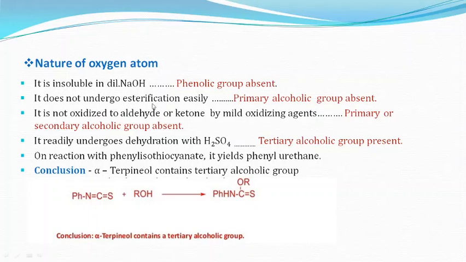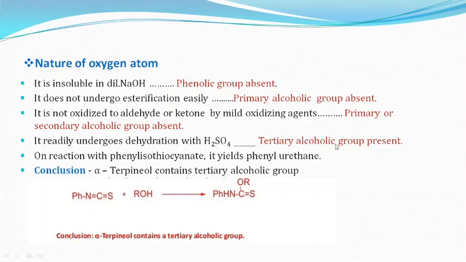It does not undergo esterification easily, nor is it easily oxidized to an aldehyde or ketone by mild oxidizing agents. These two reactions reveal that a primary or secondary alcoholic group is absent in alpha terpineol. The fourth reaction is a very important chemical analysis: it readily undergoes dehydration with sulfuric acid.